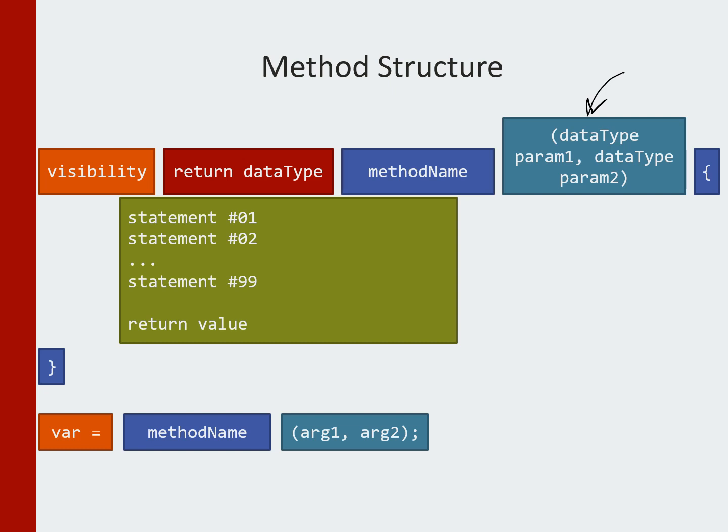For example, this could be int x, comma, int y. Because it has the keyword for the data type, it already indicates what the type of that parameter is, but it doesn't guarantee anything more about what those values look like. And we may have extra restrictions on them to actually be able to run our code properly.